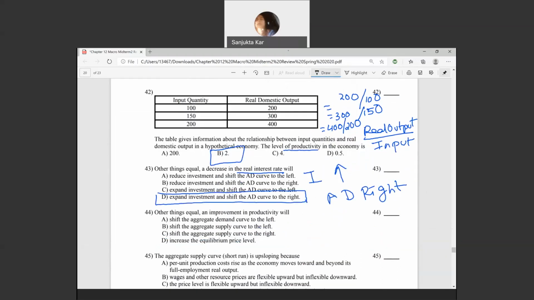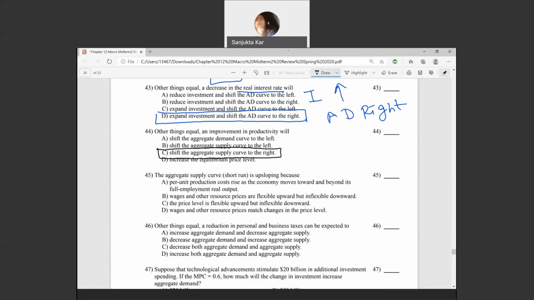All right, question number 44 here. It says an improvement in productivity. This is going to shift the aggregate supply curve to the right. A lot of the questions are really repetitive questions. Next one, question number 45. The aggregate supply curve is upward sloping. Why?